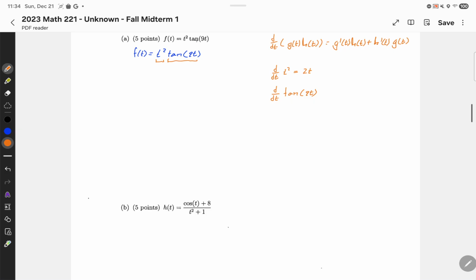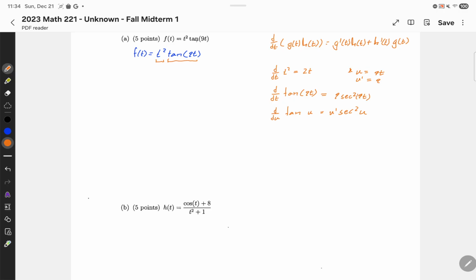So remember that the derivative with respect to u of tangent u is going to be equal to u prime secant squared u, right? And so in this case, we have that u is equal to 9t, which tells us that u prime is going to be equal to 9. So this tells us that this derivative is going to be 9 secant squared 9t, just like that.